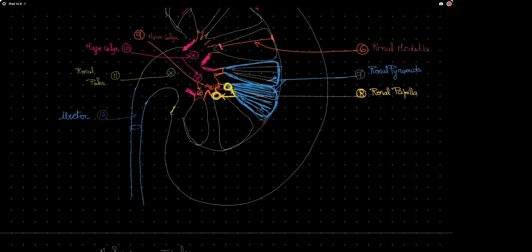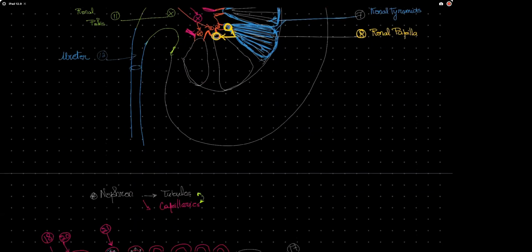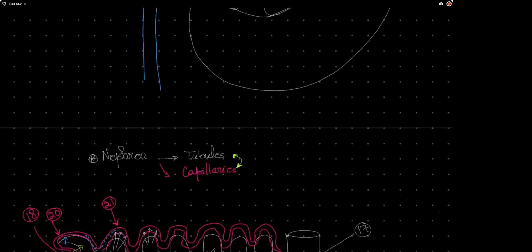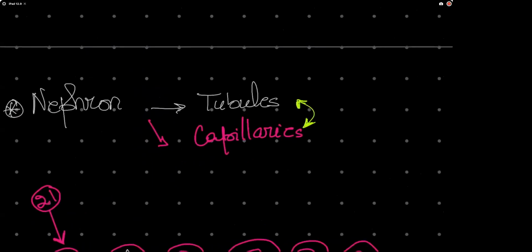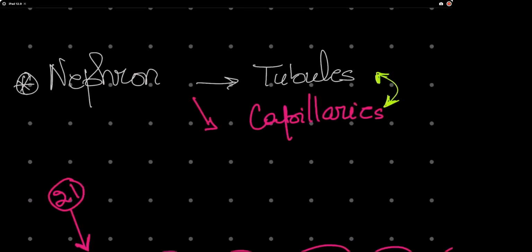All right. So moving on now to another concept that you've seen covered in your urinary system chapter, which is the nephron.